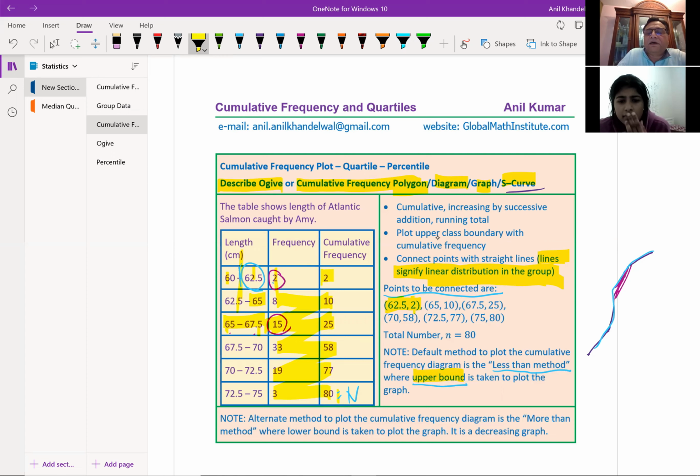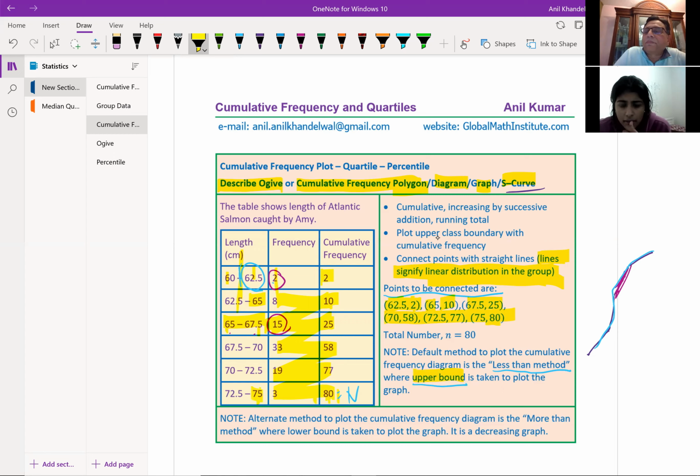Upper bound 65, cumulative frequency 10. I get the next coordinate point. I have to draw the cumulative frequency polygon or diagram. So these are the 6 set of points from the 6 intervals. Last one being at 75, I got 80. So that is my last point, 75, 80.